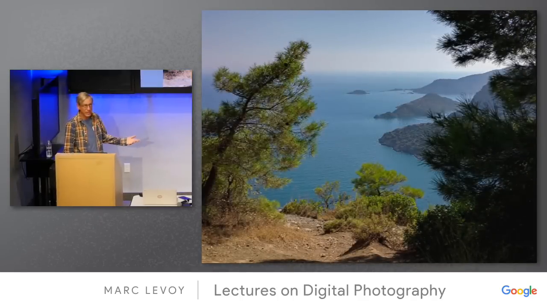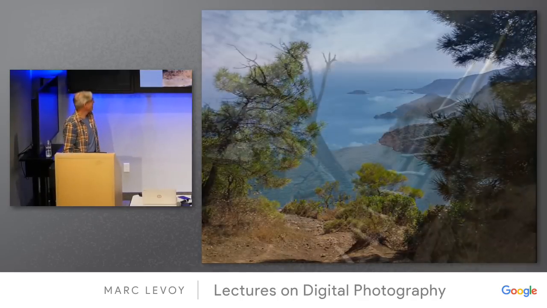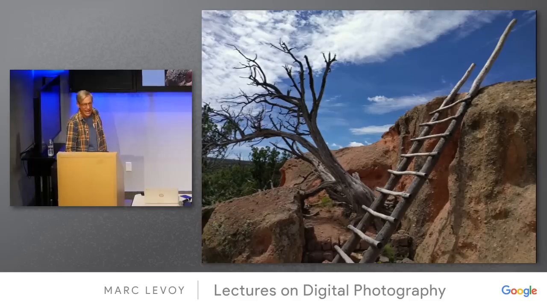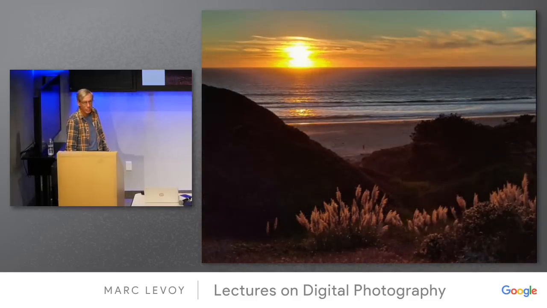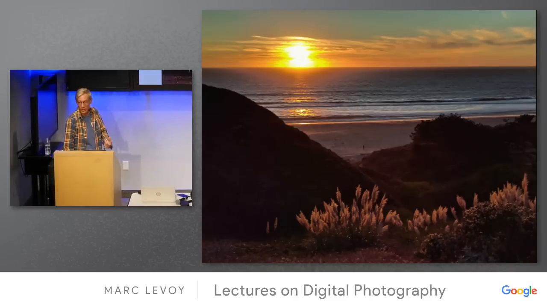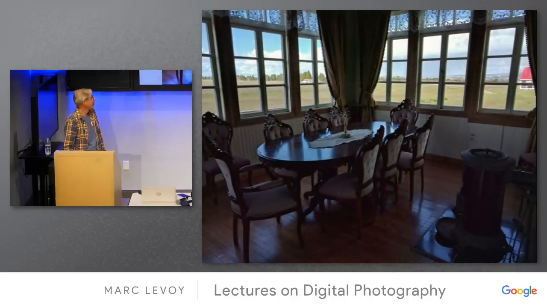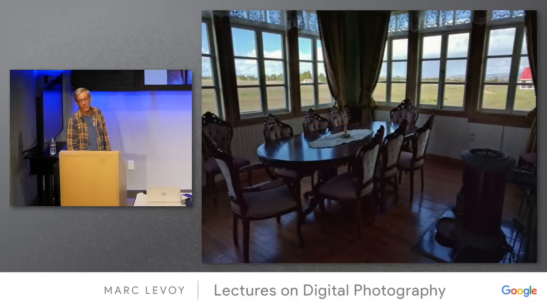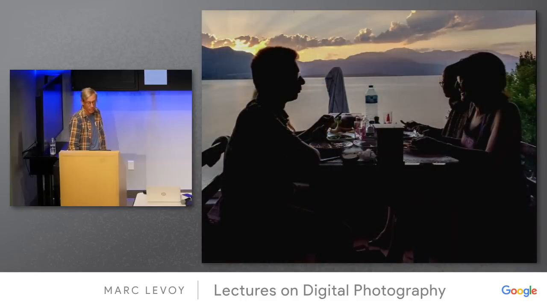These were taken with, I think, a Nexus 6 in Turkey, and a 6S. Here's an HDR plus picture. You can take really nice pictures for sharing as long as you don't need a long lens. It's the long focal length or the shallow depth of field that cell phones don't have. But this is a very high dynamic range scene, and it was captured with HDR plus. So it can take pretty good pictures.